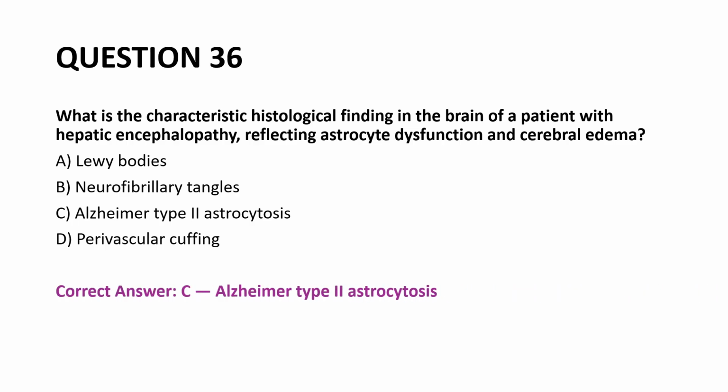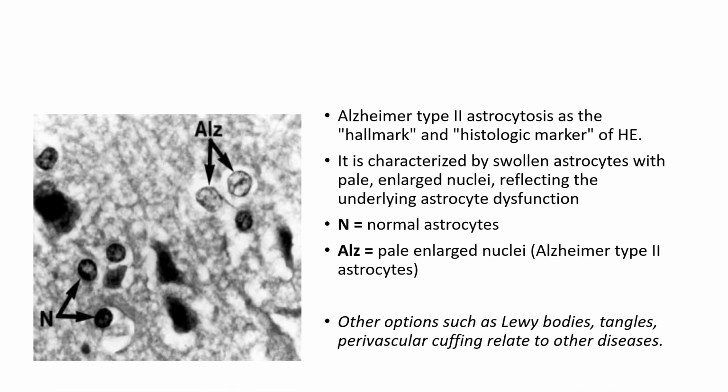The correct option is Alzheimer type 2 astrocytosis. The hallmark histologic marker of hepatic encephalopathy is Alzheimer type 2 astrocytosis. These astrocytes are swollen with pale enlarged nuclei, as you can see. It reflects ammonia-induced astrocyte dysfunction and cerebral edema.